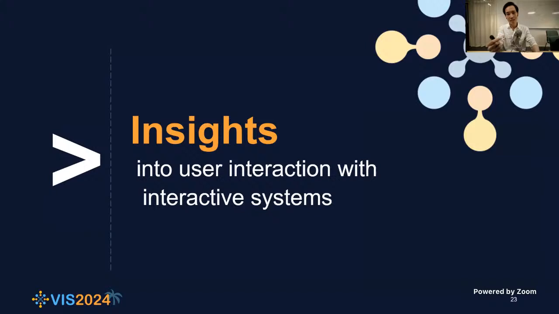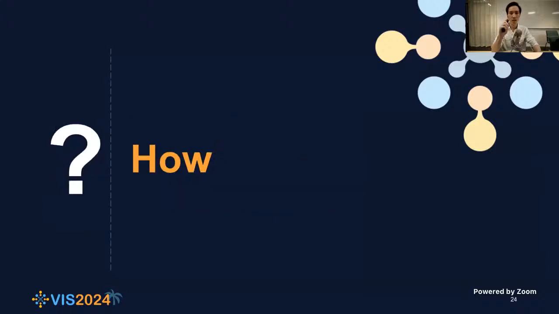It is then in our interest to gain insights into how visitors interact with interactive systems. And now comes the question, how? How do we gain insights into how visitors interact with interactive systems?